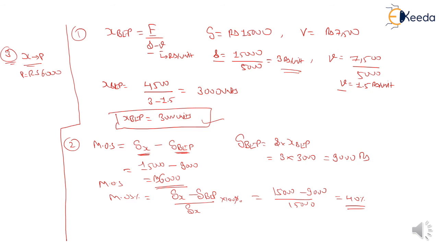The volume of production corresponding to a profit P is nothing but F plus P upon small s minus small v. Here F is given in the question, which is 4,500, plus P given in the question, 6,000, upon small s, which we calculated as 3 rupees per unit, and small v is 1.5.